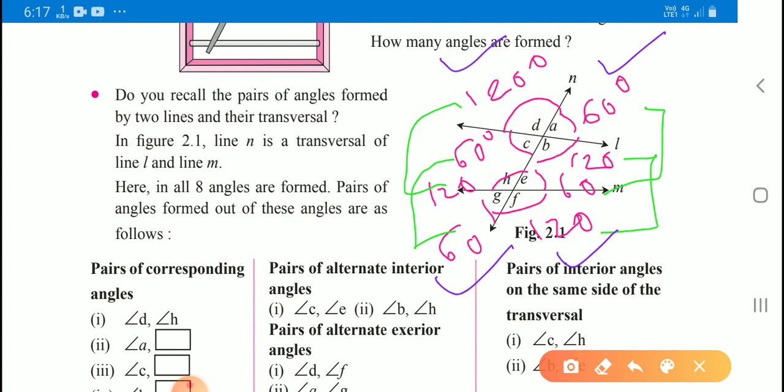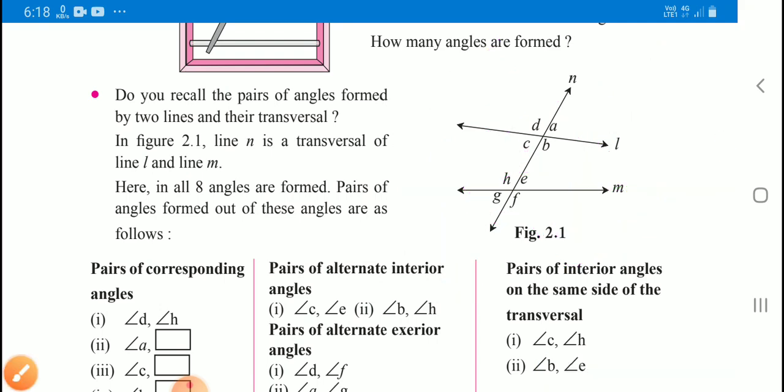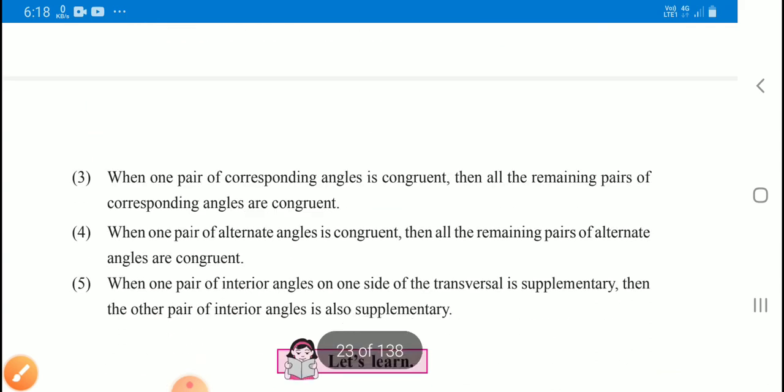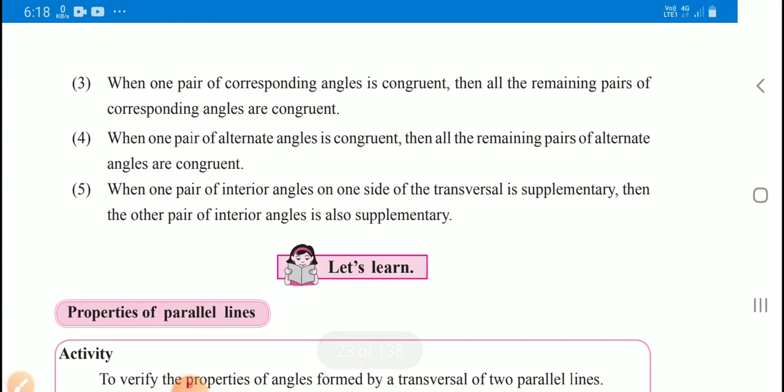Now we'll see the interior alternate angles C and E, as well as B and H. Look, their pairs are also congruent, and you can see here these are the interior angles. Their measure is equal to 180 degrees. Okay. So here they have given: when one pair of interior angles on one side of the transversal is supplementary, then the other pair of interior angles is also supplementary.